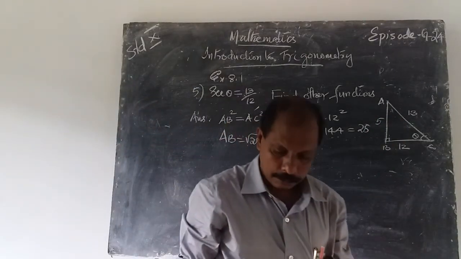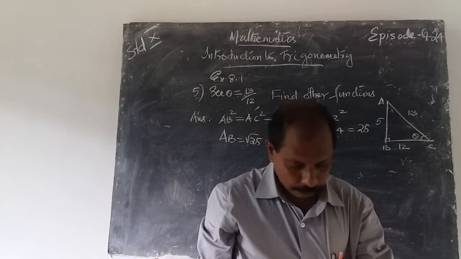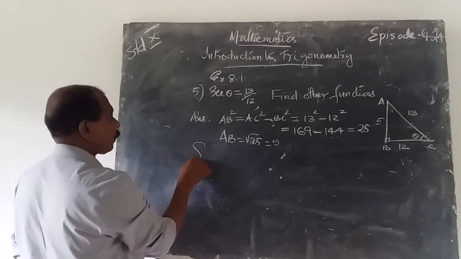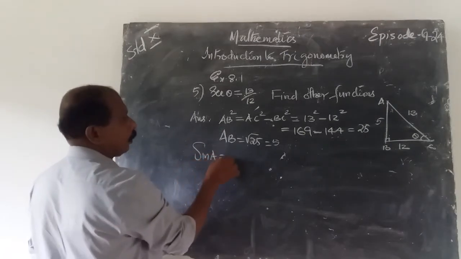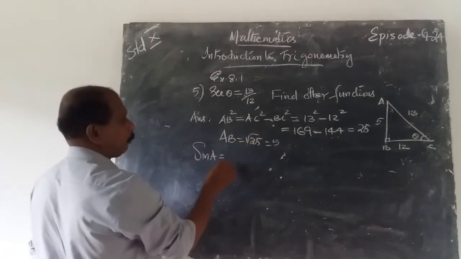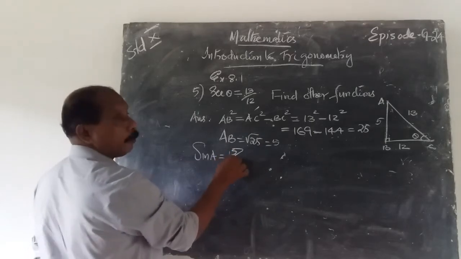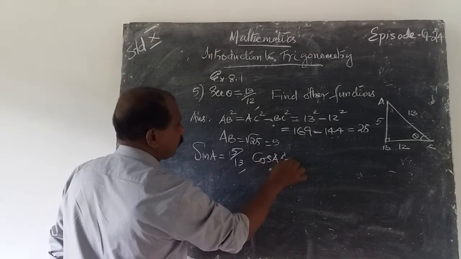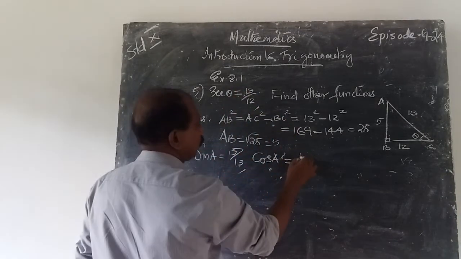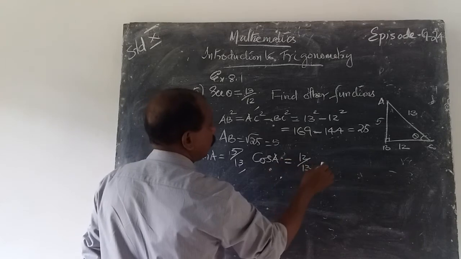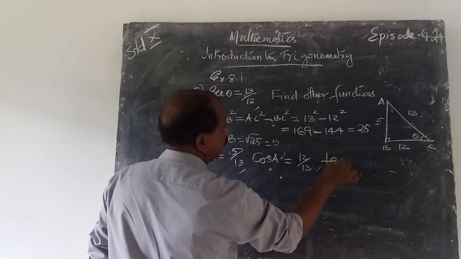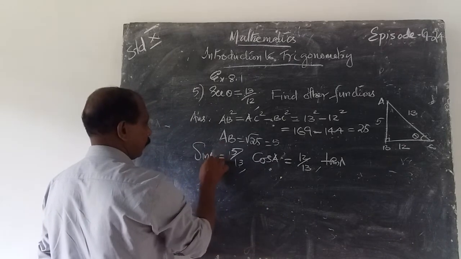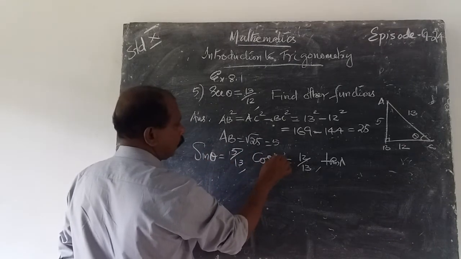Then, using all three sides, we can find out the ratios. Sin theta is opposite side by hypotenuse, 5 by 13. Cos theta is the reciprocal of the given value, 12 by 13.